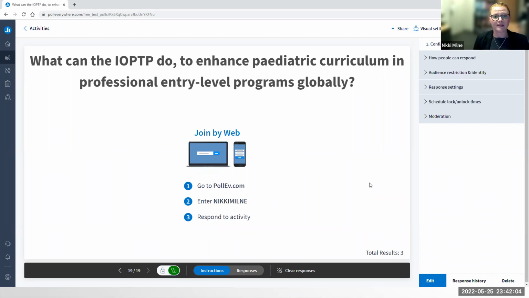So we'd like you to have at least a minute or two to be able to answer this, because we'll take this information back to the IOP Executive Committee and each of the education group, research group, practice group, etc., so that they've got this information. So please do enter anything in here that you think may be useful for helping enhance paediatric curriculum in professional entry-level programs globally.